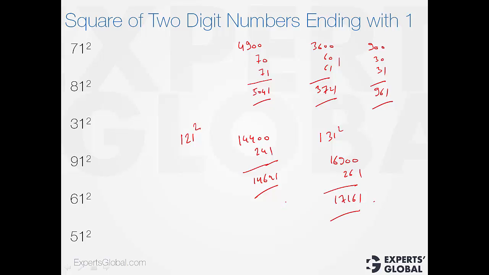All right, the next concept is these numbers, 78 into 82. What's peculiar about this one? What's peculiar in my opinion is that what lies in between these numbers, exactly between, the average of 78 and 82, is 80. So I can write 78 into 82 as 80 square minus 2 square, the common difference.